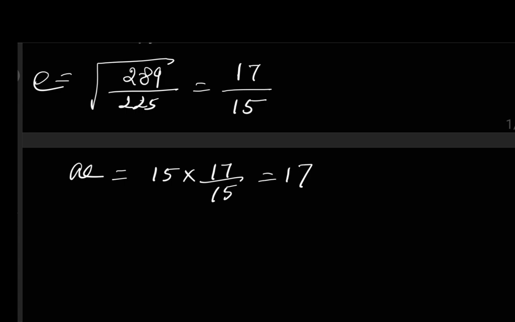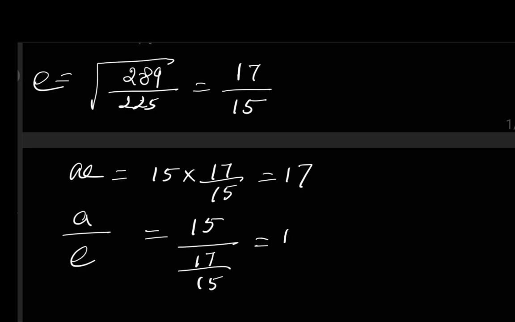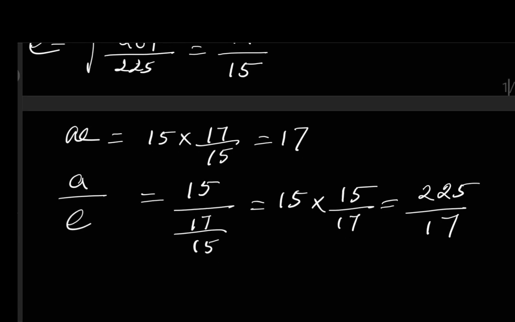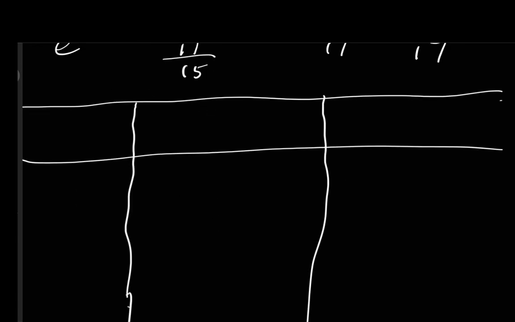The 15 gets cancelled, you are getting 17. A by E is 15 divided by 17 by 15, so 15 into the reciprocal, 15 by 17, so 225 by 17.